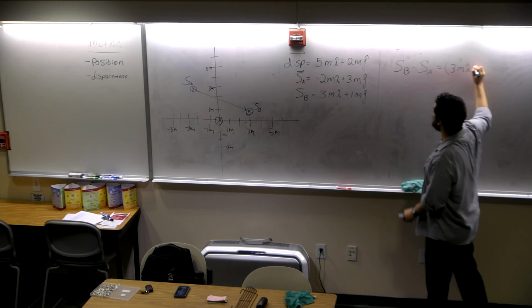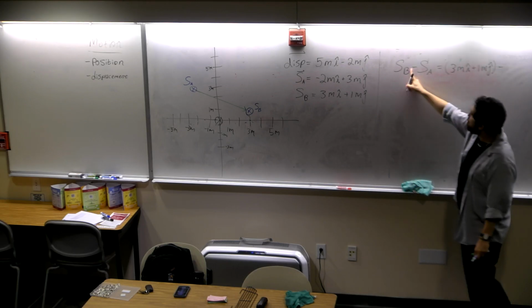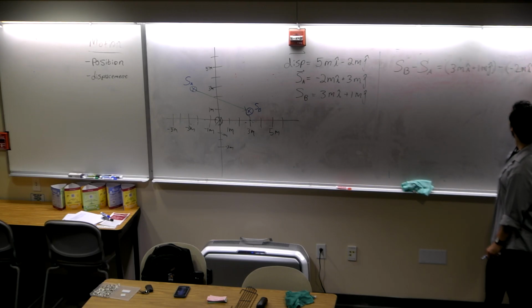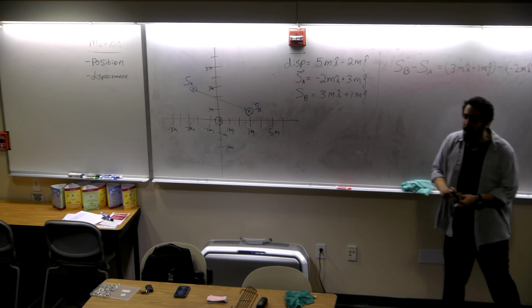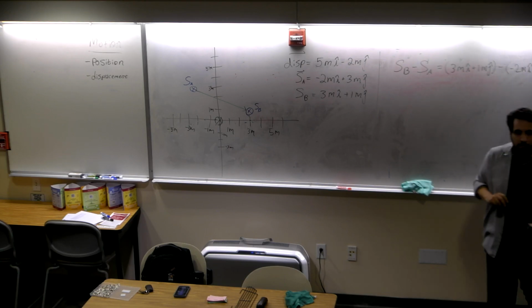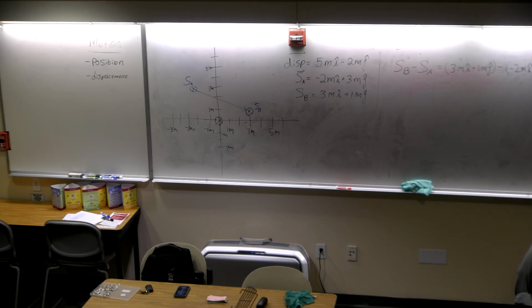I can see how we're just swapping out position B and position A. We look at this and say, okay, how do we mathematically solve this? First thing we might want to do, distribute the negative into the parentheses. We might want to get rid of the parentheses first. Remember, order of operations is important here. So we get rid of the parentheses, and what we have is 3 meters i hat plus 1 meter j hat.